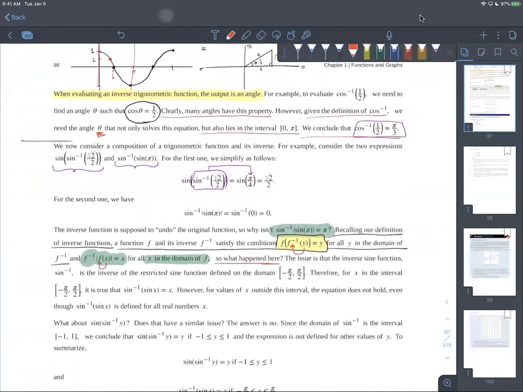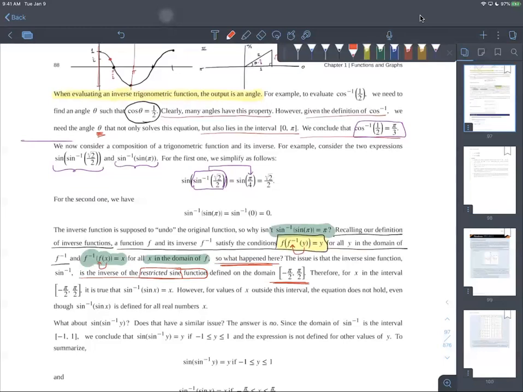So they essentially cancel each other out if x is in the domain of f. So what happened here? The issue is that the inverse sine function, sine inverse, is the inverse of the restricted sine function defined on the domain from negative pi over 2 to pi over 2.